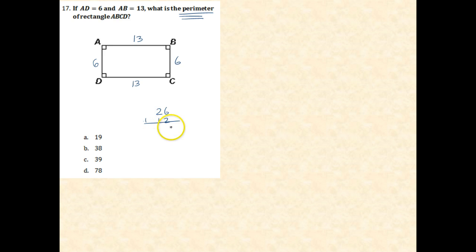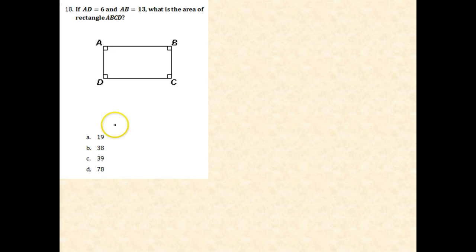When I add those up, I get 38. So 17 is B. If AD equals 6 and AB equals 13, what is the area? Well, area is length times width. So 13 times 6 is 78. So 18 is D.